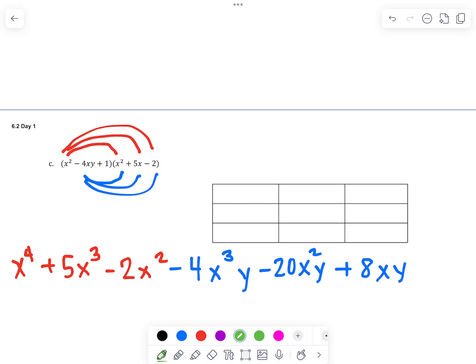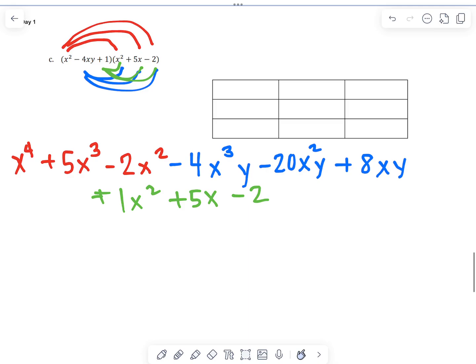And we distribute the 1. So 1x squared, 5x, and minus 2. All right, so let's see if there's any like terms here. So we have x to the fourth. We have a 5x cubed.